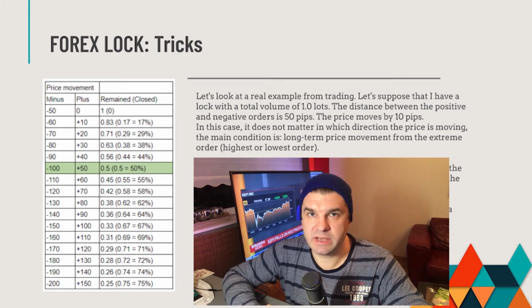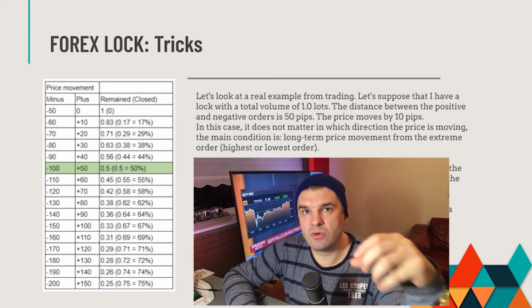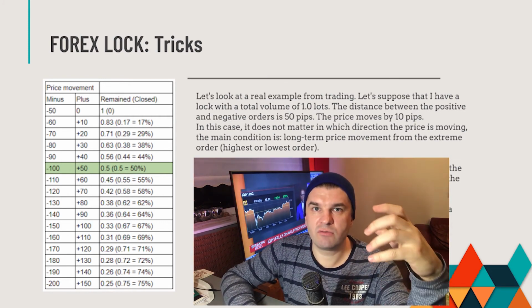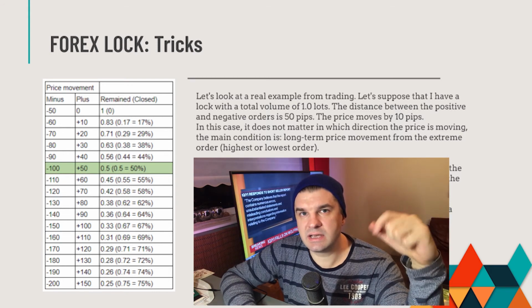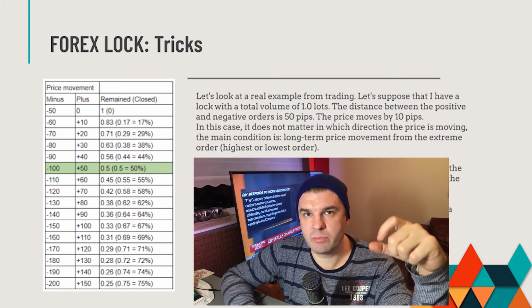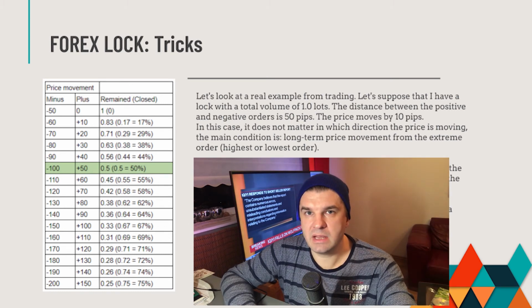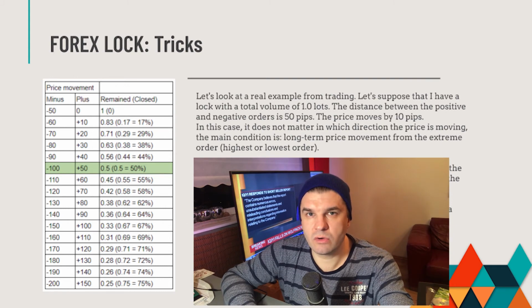The price moves by 10 pips. Let's calculate how many lots you can reduce from negative volume. In this case, it doesn't matter in which direction the price is moving. The main condition is long-term price movement from the extreme order, highest or lowest order.